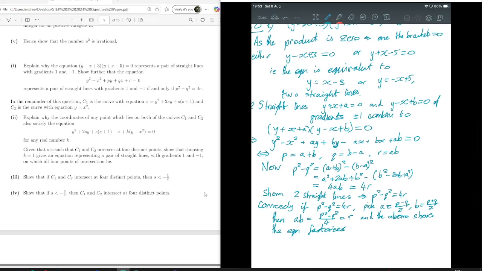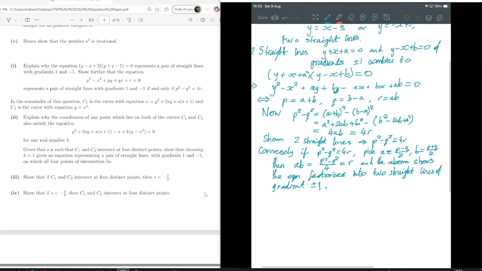Probably gone into a little bit more detail here than is necessary. Factorizes into 2 straight lines of gradient plus or minus 1. And maybe gone a bit deep into that if and only if condition. We probably could have just got away with putting some simpler words after the forward statement.